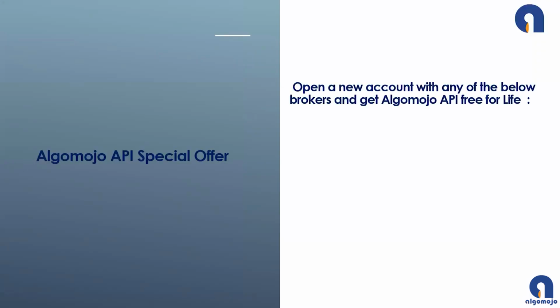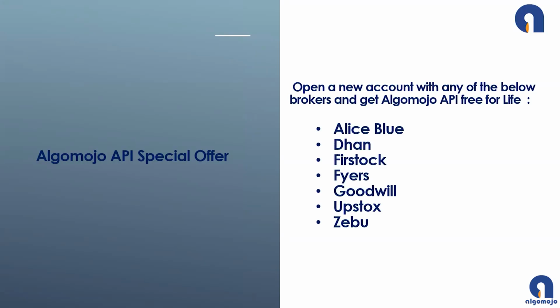Now, as a special case, if you open a new account using Algomojo as a referral, you will get the APIs of Algomojo free of cost for life. These are the brokers with whom we have such a tie-up: Alice Blue, Dhan, Upstox, Zebu. So if you open a new account, you get our API keys and secrets free of cost for life.